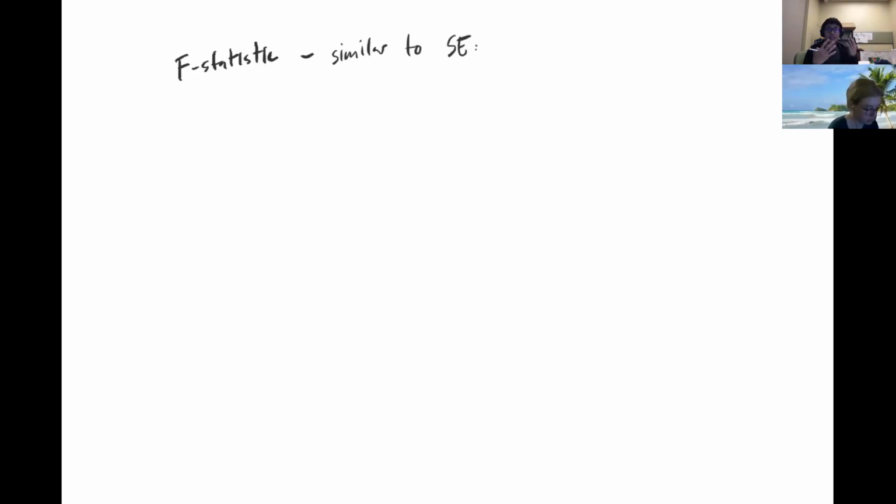So in the standard error, going back to last class and thinking about what that means, it is this hypothesis that the beta that we're looking at is different from 0, right?